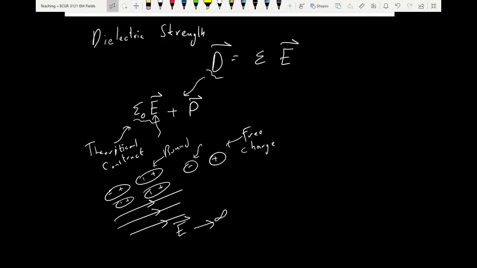Of course, classical electrodynamics is not valid for very large E. So if E approaches infinity, as I've written here, the theory itself is not valid anymore. We have to bring in more modern theory, but we have to reach really a stupendous field value for that quantum effect to even matter. So we don't need to think about that in terms of the classical theory.